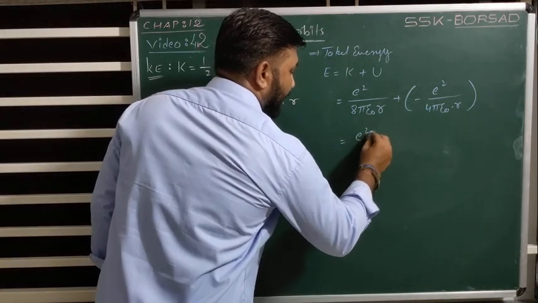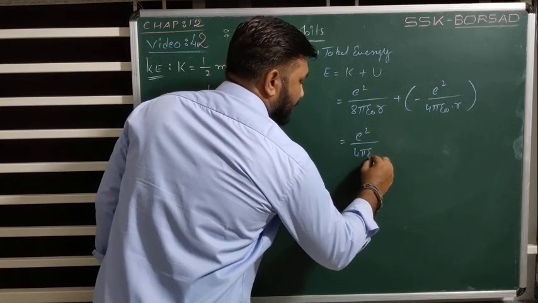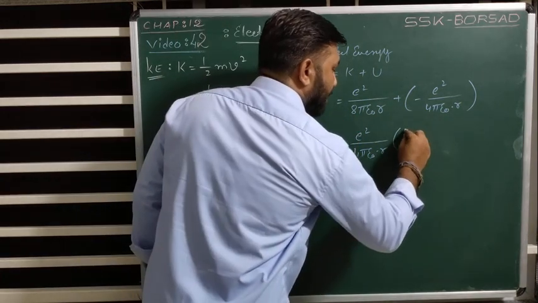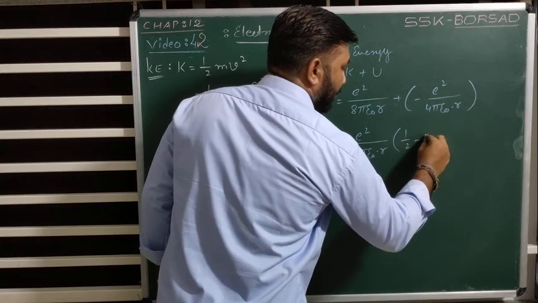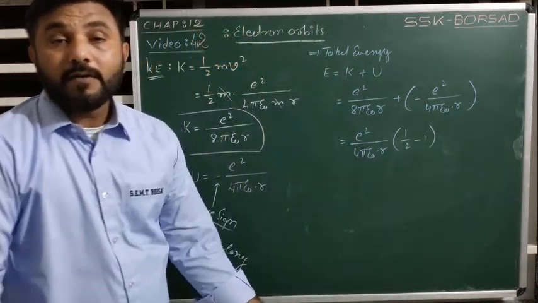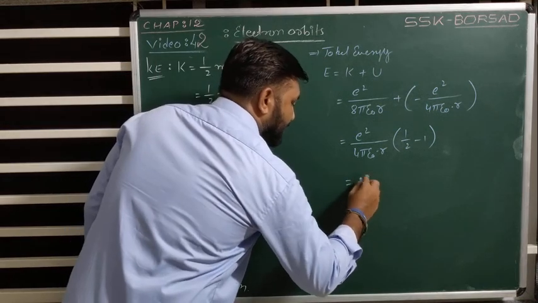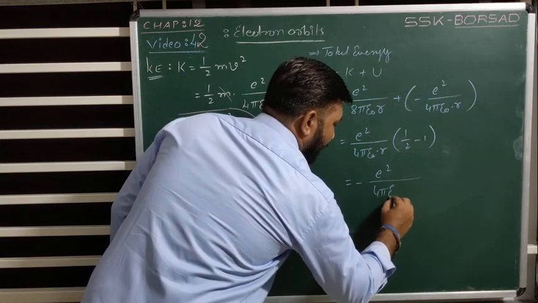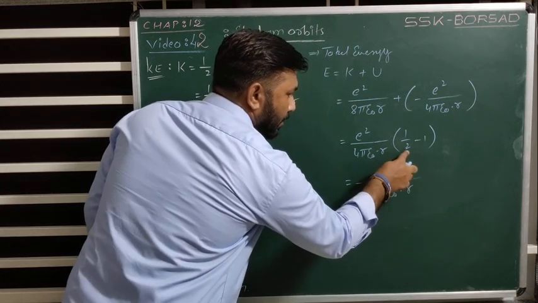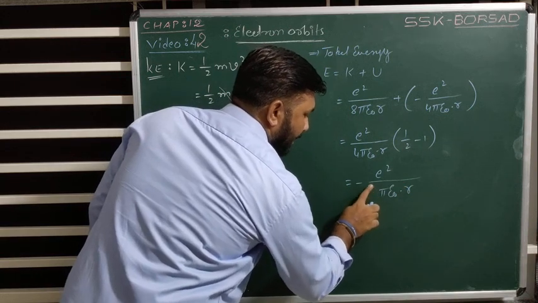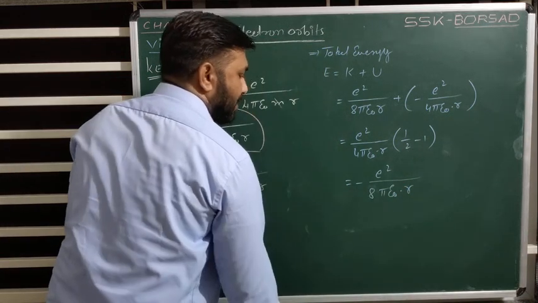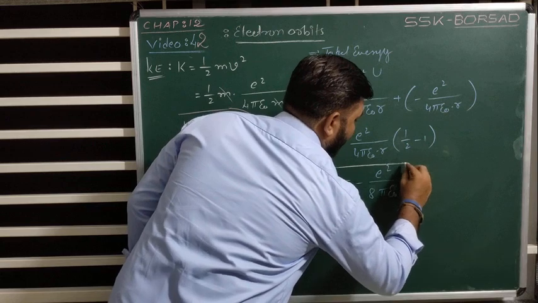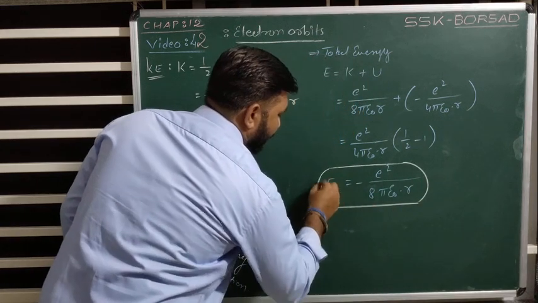So you will get e square upon 4 pi epsilon 0 multiplied by R. So here 4 is common, what will remain? 1 half plus minus 1. So 1 half minus 1 is minus 1 half. So you will get E is equal to minus e square upon 4 pi epsilon 0 multiplied by R multiplied by 2. So it is 8 pi epsilon 0 R. So this is the equation of total energy of the electron.